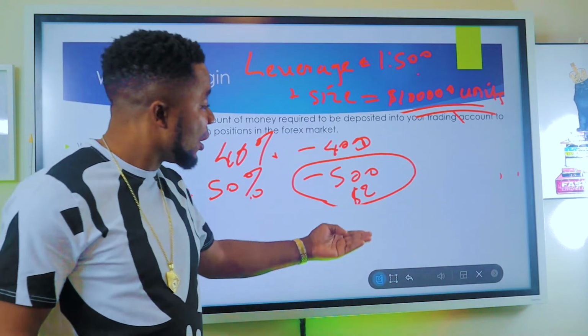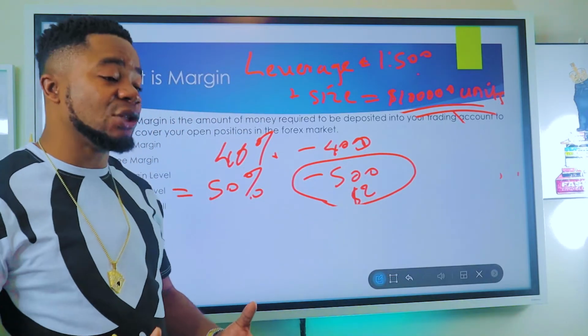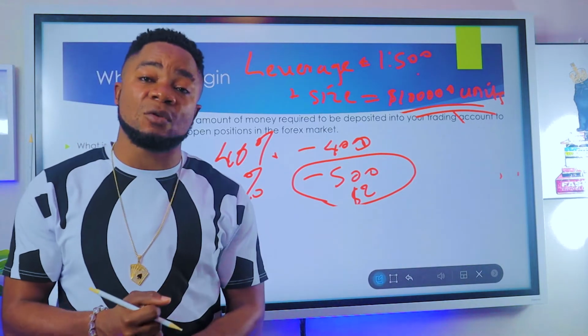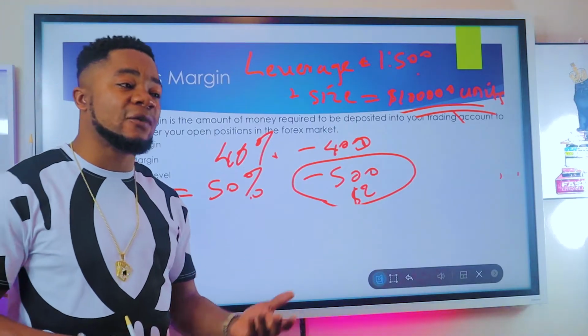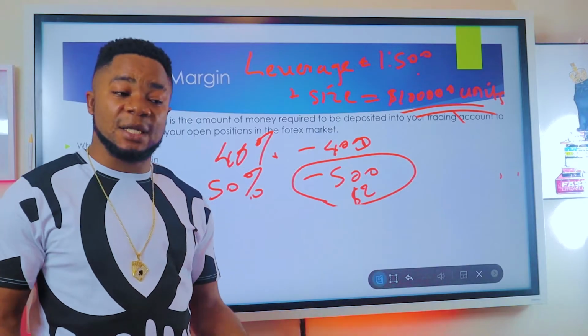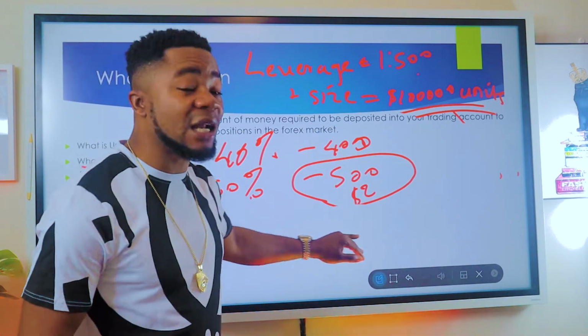So a stop out level is just a predetermined percentage of your available balance or of your margin, which, if you reach that level, the system will automatically close you out. For most big brokers, like IC Markets, the stop out level is 50%, meaning once you've already blown 50% of your account, they'll automatically close you out.